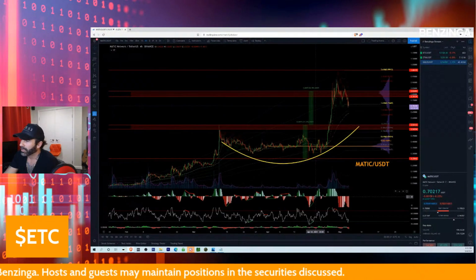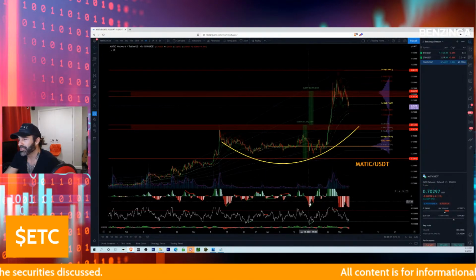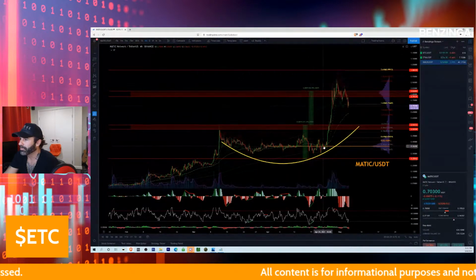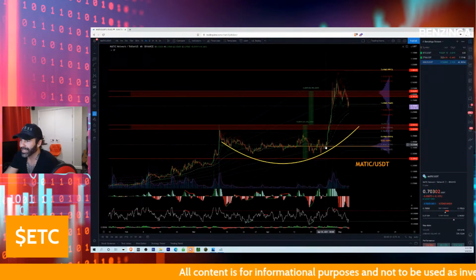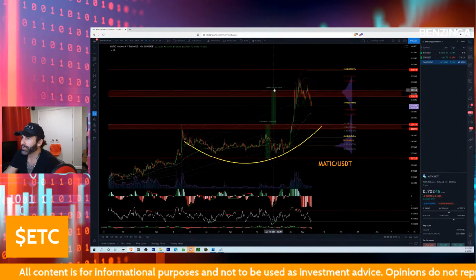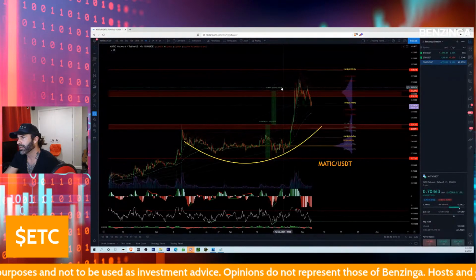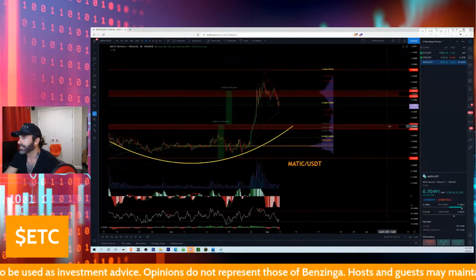Same thing, you've got bullish divergence developed on the MACD. You broke this neckline here of the rounding bottom accumulation, and the 100% measured move of Nomadic was 82 cents, which is where I took profit on this asset.